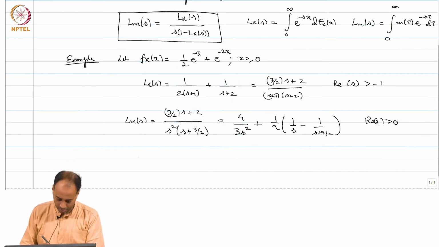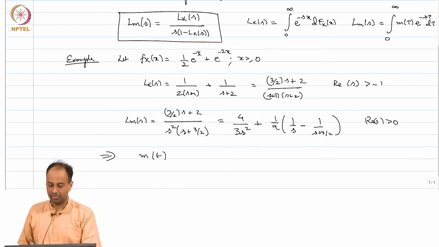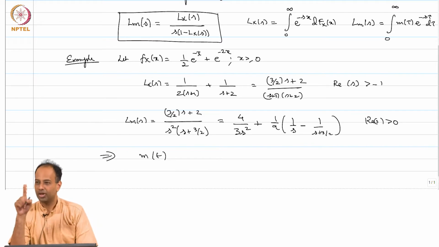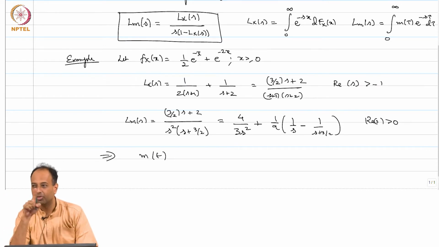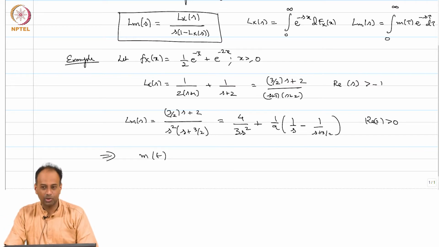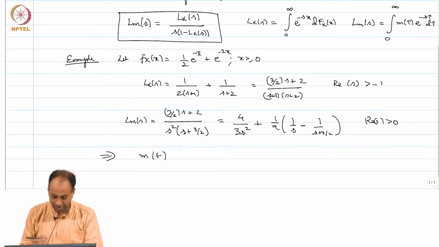So, you can write down what m of t is, right. If you have 1 over s, that corresponds to a constant, it is like 1 for positive t. 1 over s square is t, it is like a ramp, right. You know all this very well.